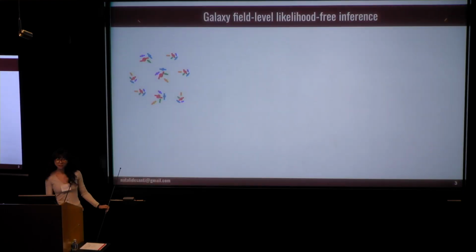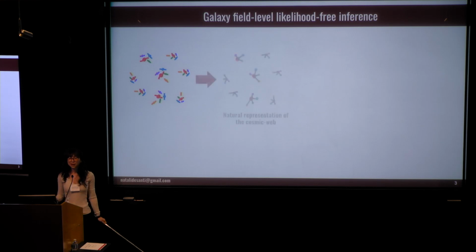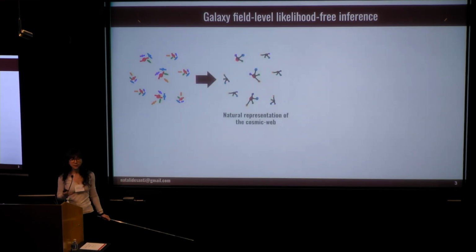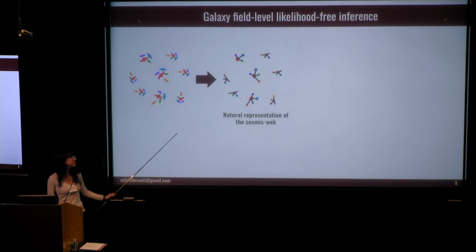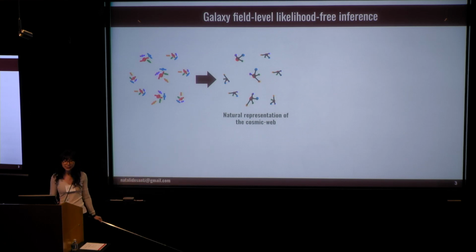So what we're trying to do here is propose how to do galaxy field-level likelihood for inference. How can we extract all the information from a bunch of galaxies? The way that we are doing this is by translating all these galaxies and all this information into something that we call graphs, which is a mathematical structure that can be a natural representation of the cosmic web, because we're tracing all the structure of these galaxies.